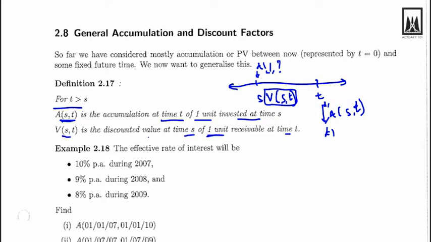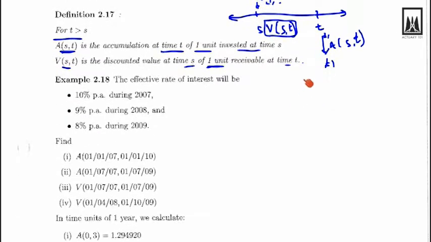It is the discounted value at time s of 1 unit receivable at time t. So you can see it's just a different representation of things. We have actually covered all the concepts already in the previous videos, but this is just a new type of representation. Let's look at an example for this.